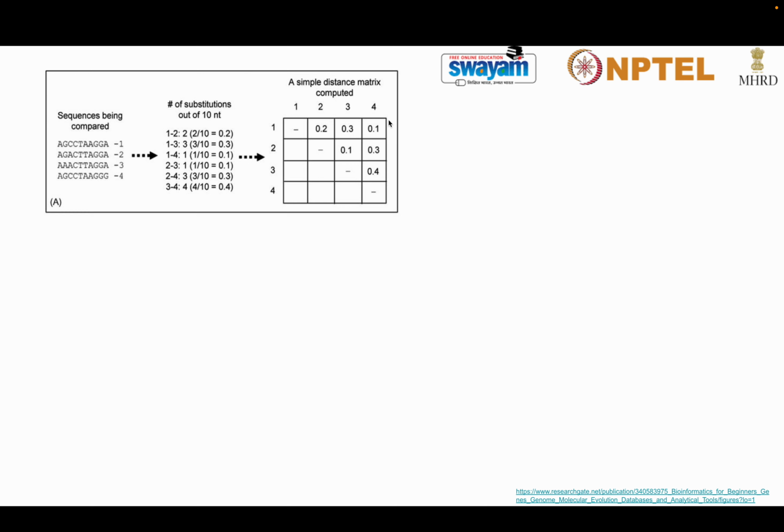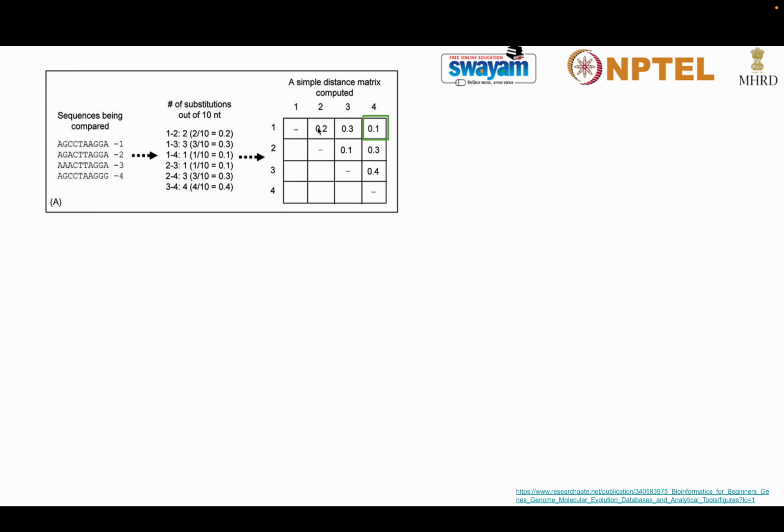Now the next step will be to check for the least distance. Let's start from the first. Here you can see that sequence 1 and sequence 4 have the lesser distance, 0.1, as compared to the others. This means they will be placed closer, because we have read from the hypothesis that sequences which are more closely related show lesser difference in their sequence.